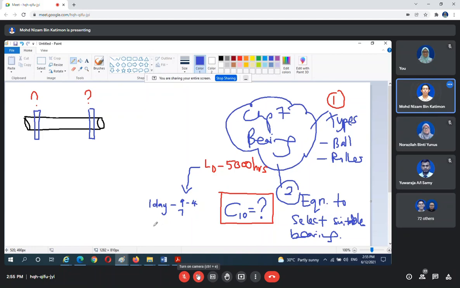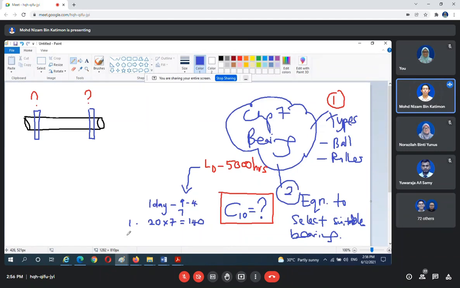One week is 5 days, so in a month, about 4 weeks, 5 times 4 is 20, 20 days, or let's say 25 days, times 7, so running about 140 hours for one month.